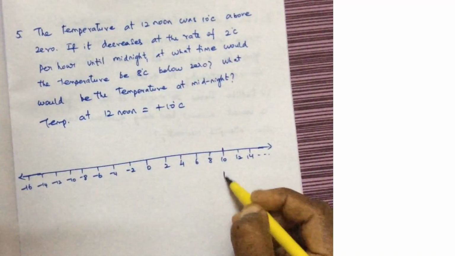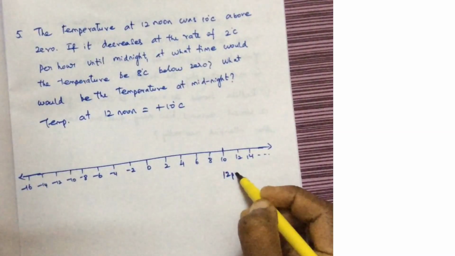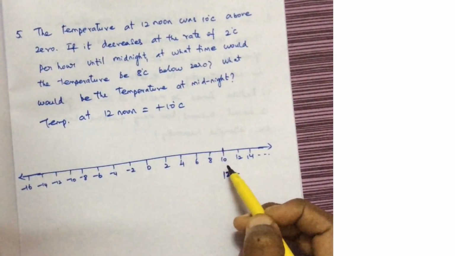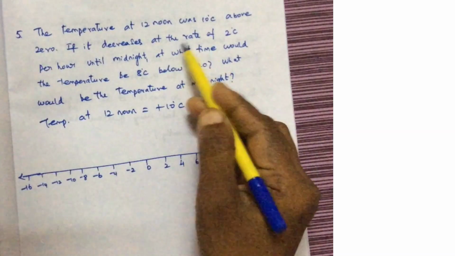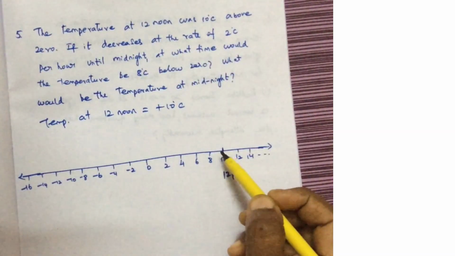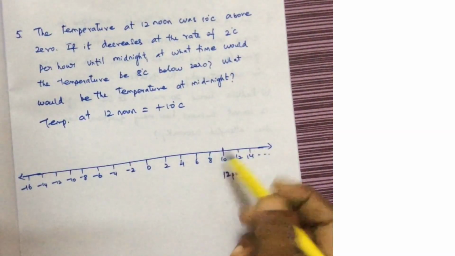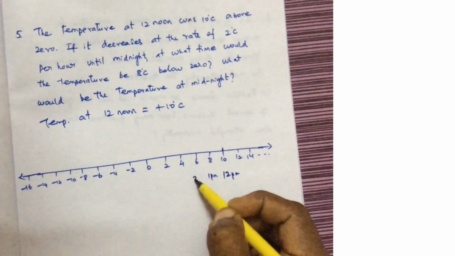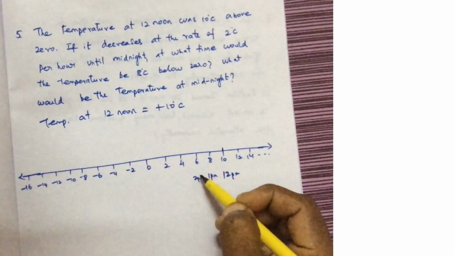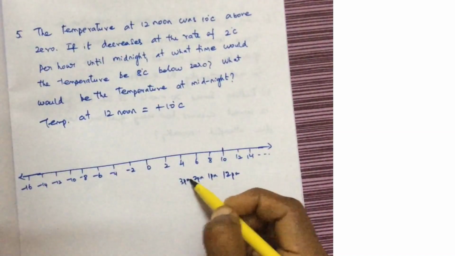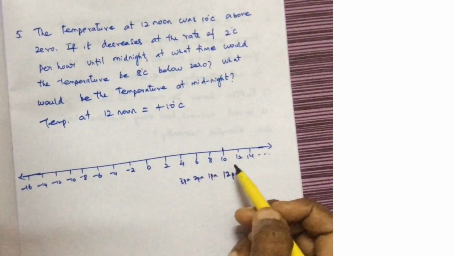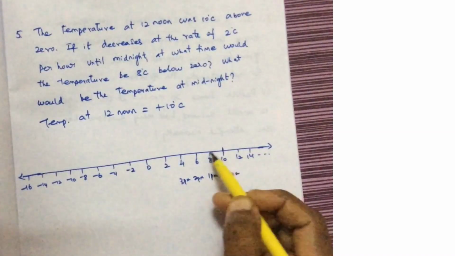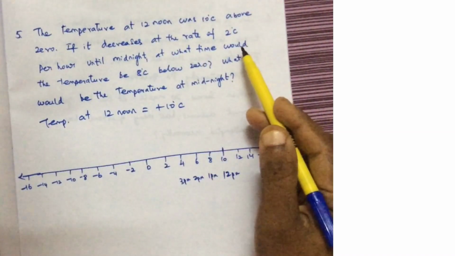This is at 12 pm, it is 10 degrees. It is reduced by 2, that is from 10 it reduced to 8 at 1 pm. At 2 pm it is at 6, and at 3 pm it is at 4 degrees. So for every 1 hour it is reducing by 2 degrees Celsius.